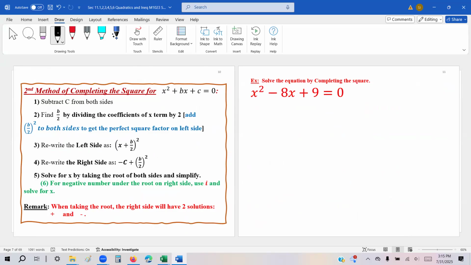Anytime you're trying to solve for x, your first method should be factoring. Is this factorable? What two numbers multiply to 9 and combine to 8? It looks factorable, right? 9 and 1, 9 times 1 is 9, and then 9 minus 1 is 8.